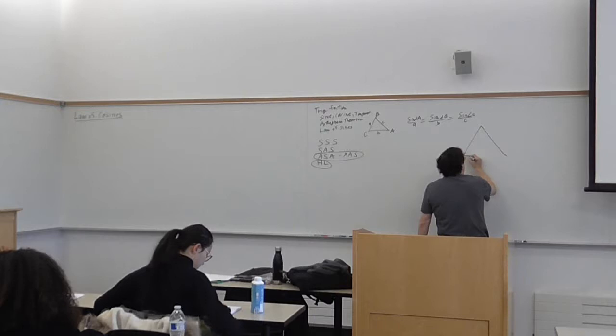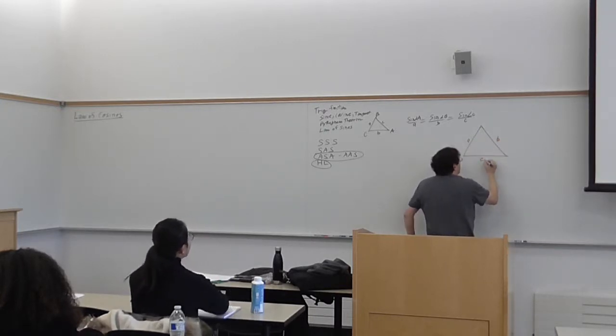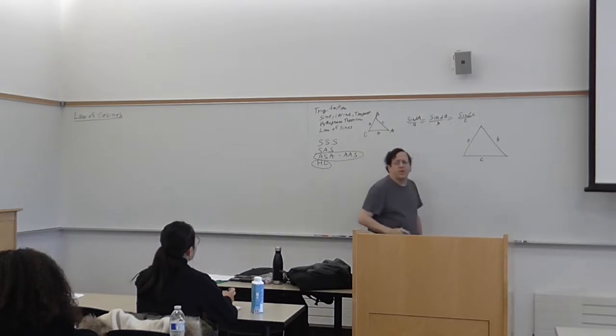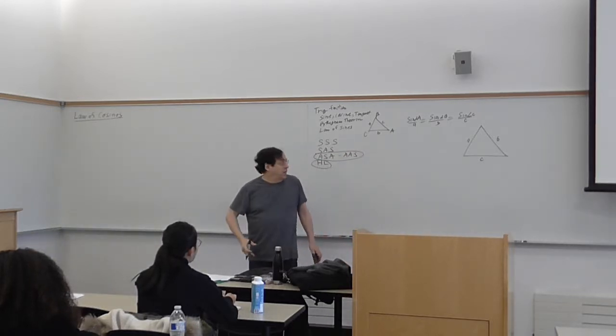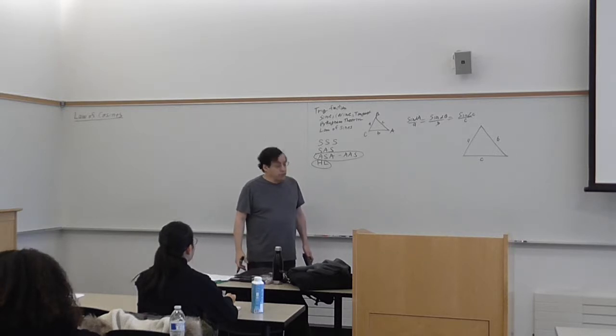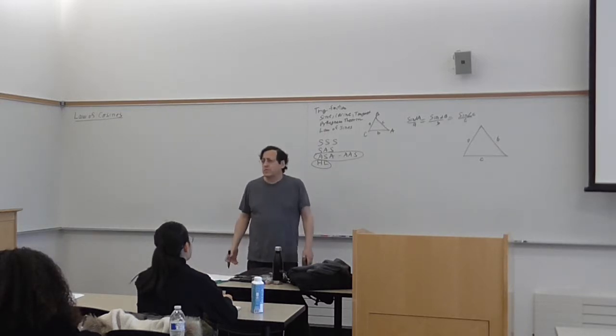Let's take a look at what that means. SSS would mean I have a triangle where I know the sides a, b, and c, and I want to know the angles. Were this a right triangle, it would be okay, because I could use my inverse trig functions. But we don't know how to do that yet. We're going to learn today how to deal with that.